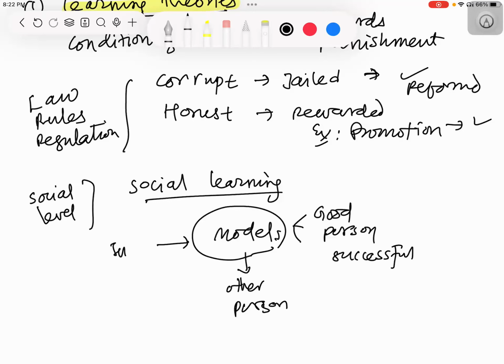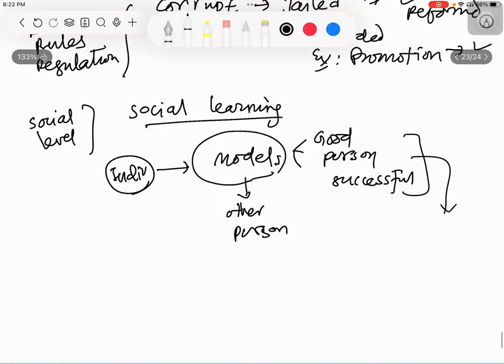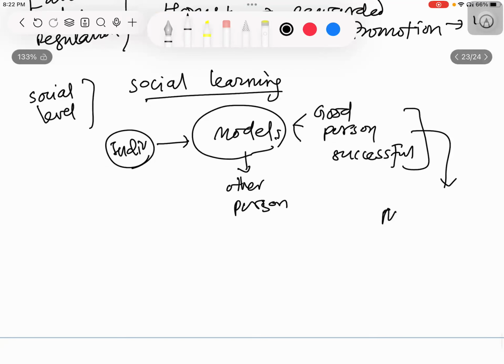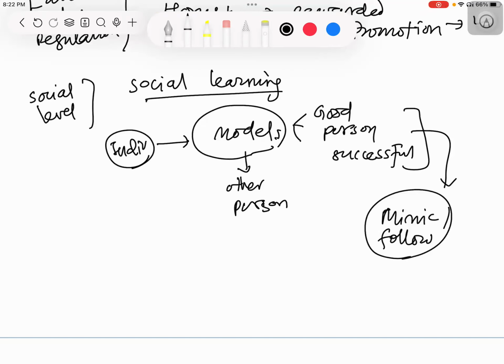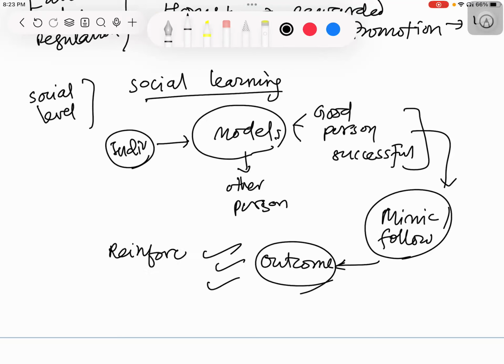So this is the individual, and then the individual will mimic or follow the person's actions. Okay. And after following, this is the outcome. If the outcome is the same as he had expected, then this will get reinforced. Okay. This is the theory of social learning.